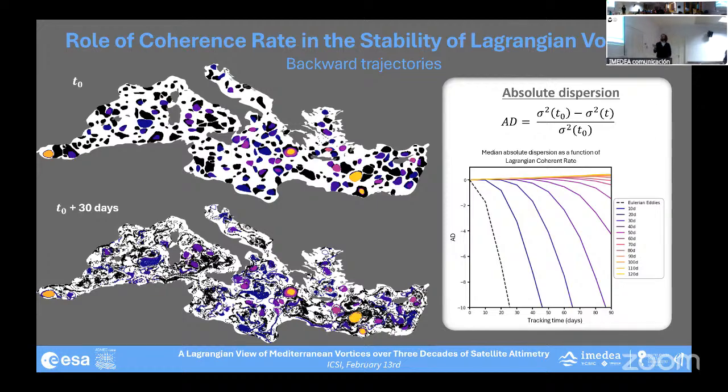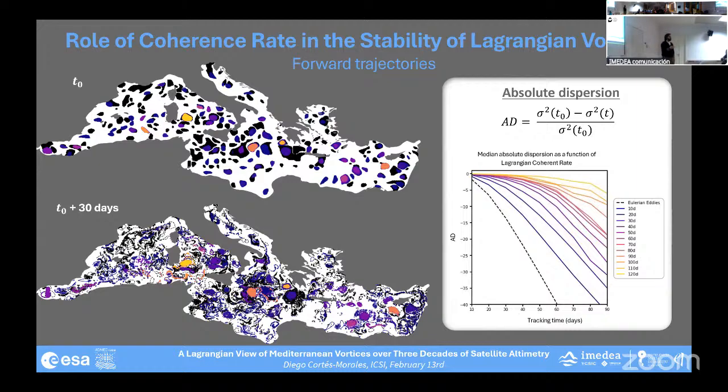But what's happening if we launch the particles forward in time instead of backwards? We want to check if the Lagrangian vortices that we have identified back in time have some kind of predictability capacity. We have done the same, and we have, again, the same plot of the median absolute dispersion.